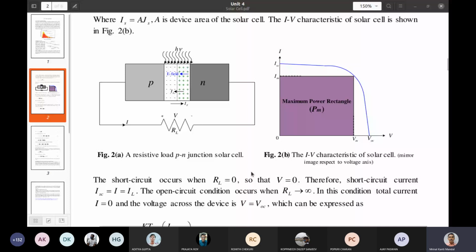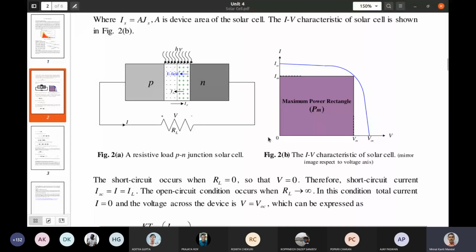But here apparently you can see it is in the first quadrant. Current is positive, voltage is positive. So that means this representation is the mirror image with respect to the voltage axis. That means it is actually present in the fourth quadrant, but I have taken the mirror image of that with respect to the voltage axis, right?